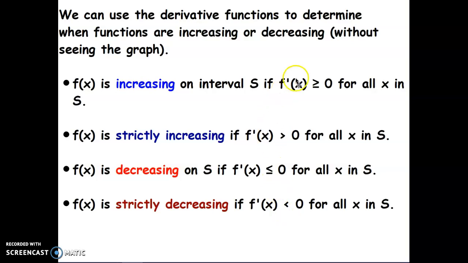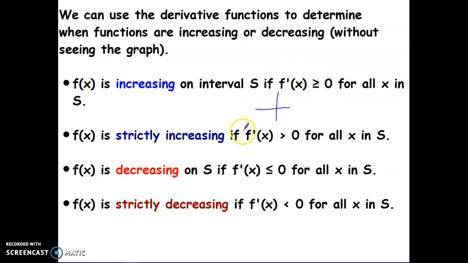So what we're going to focus on today is these inequalities here. We're going to look at what happens with the derivative when f prime of x is greater than or equal to 0. Then the sign of that is going to be positive. We're not going to have very many where it levels off and becomes equal to 0, but we could.